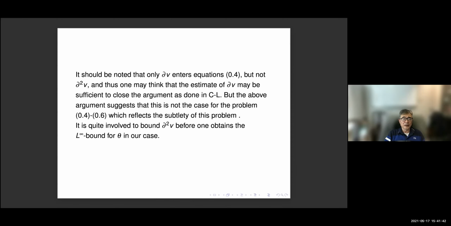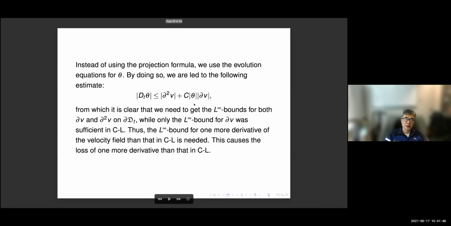Let's take a closer look at this estimate. In the equation only the first derivative of velocity appears, and the second derivative of velocity doesn't appear in the equation.